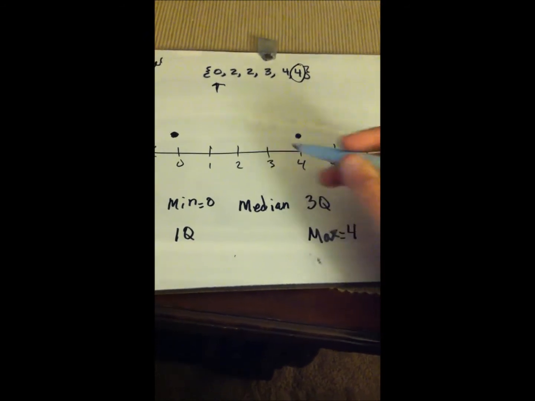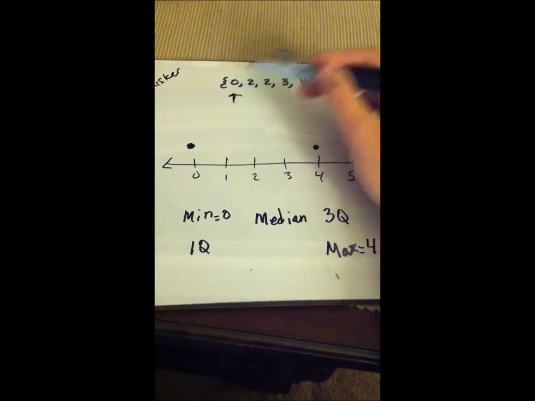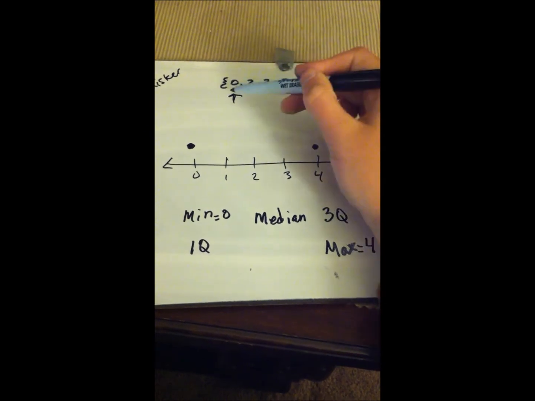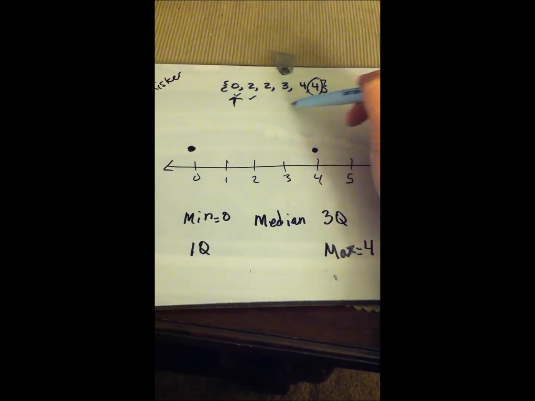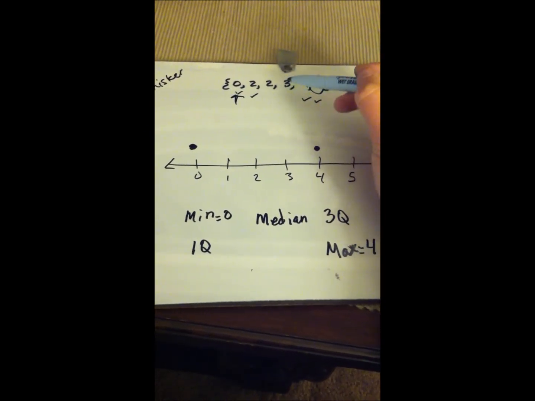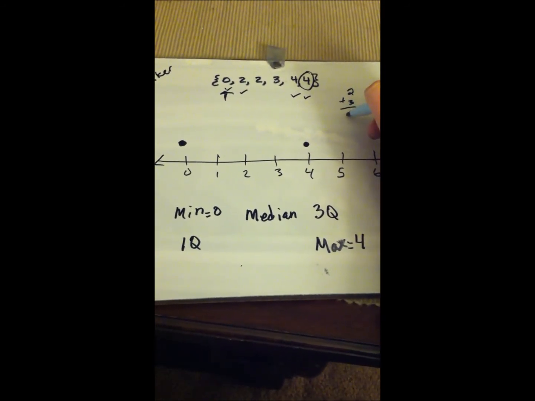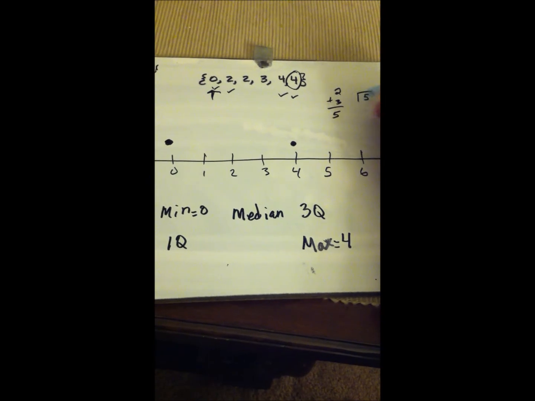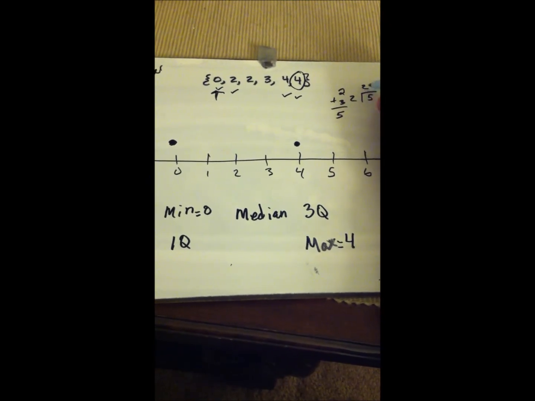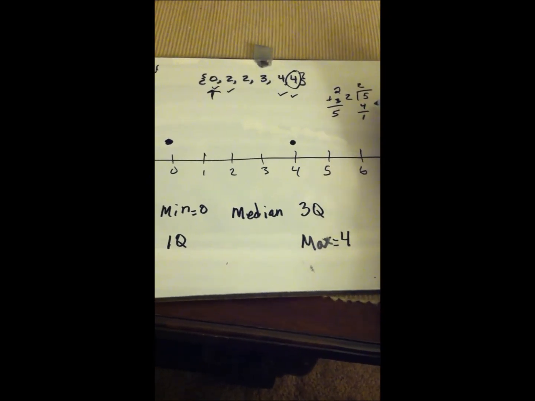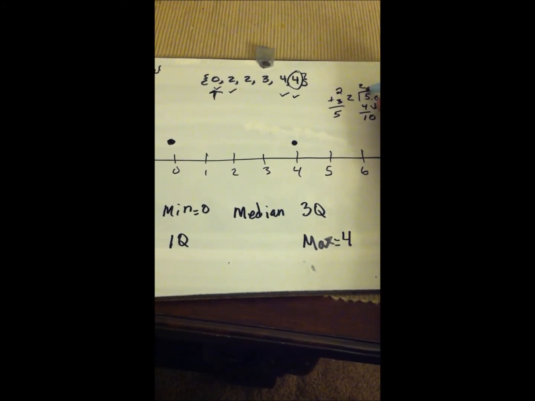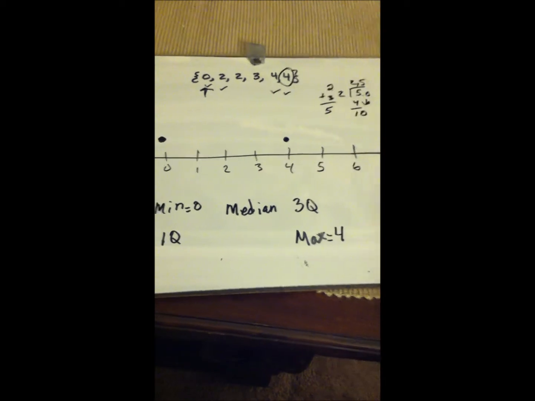Graph that point. My median, I need to figure out. Okay, so check, check, check, check. Oh, I have 2 numbers in the middle, so 2 plus 3 is 5. 5 divided by 2 is 2.5.